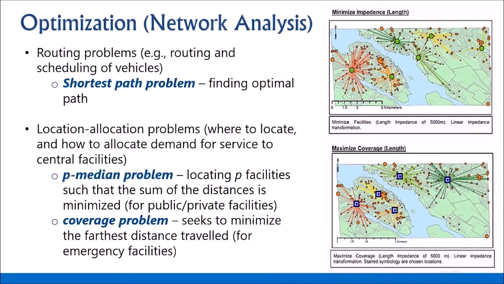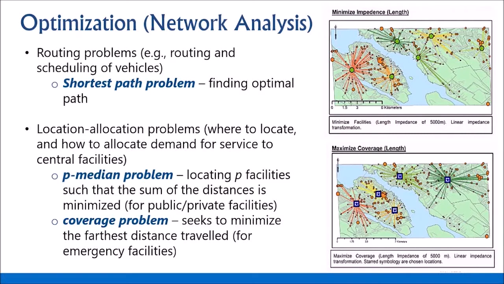And the fourth type of spatial analysis that you can do in GIS is optimization. In this case, network analysis, which deals mainly with routing problems. For example, the shortest path problem, or finding the optimal path or the fastest way from point A to point B. And also some location-allocation problems, where to locate and how to allocate demand for service to central facilities, such as the P-median problem, which is just locating P number of facilities such that the sum of the distances is minimized.